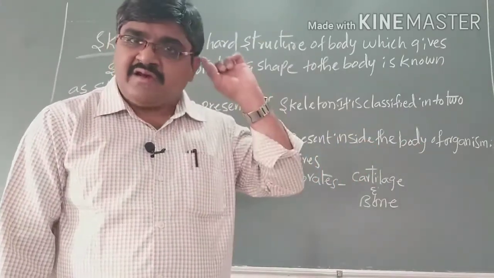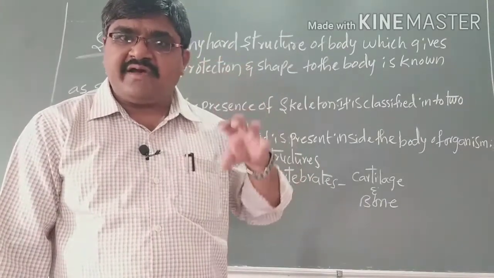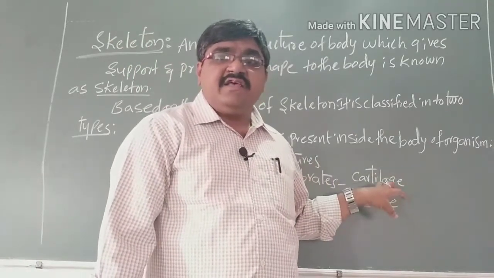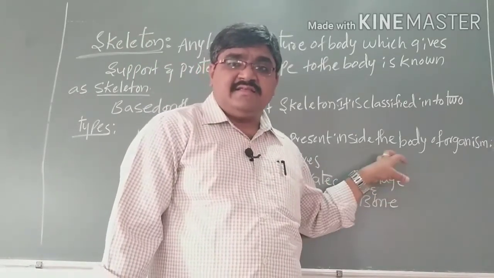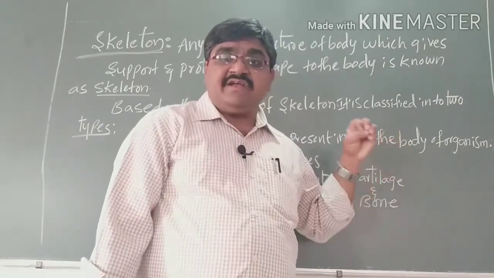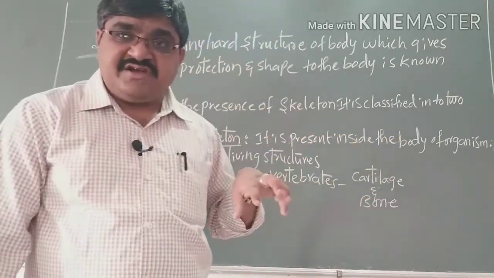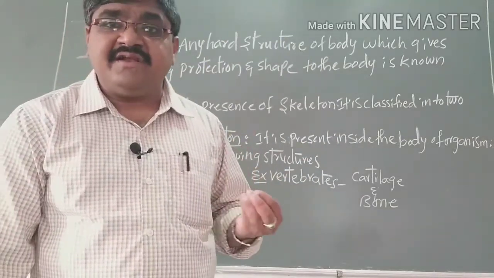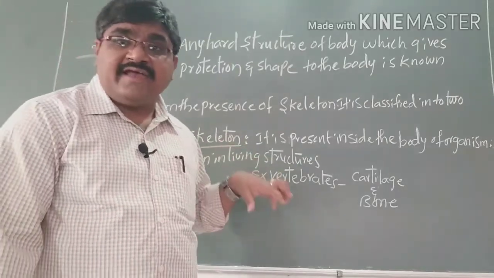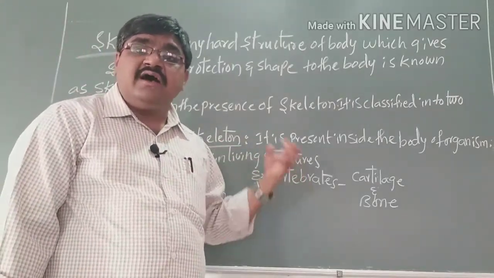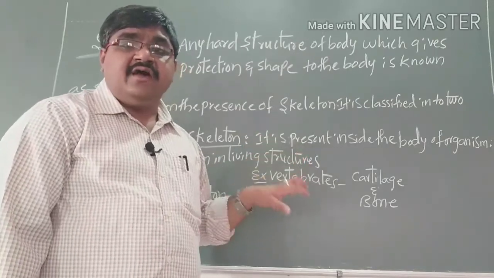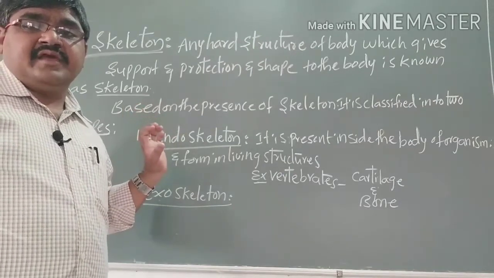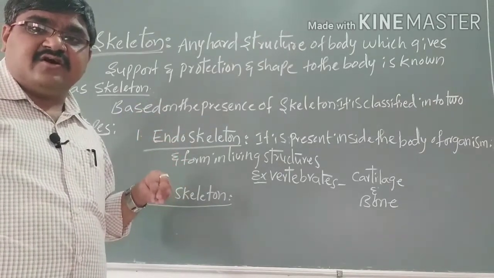For example, ear lobes are made up of cartilage. Bones and cartilages give a definite shape, protection, and support for the organism. They are present inside the body of an organism, and only in living forms, so we call them an endoskeleton. Endo means inside, skeleton means hard structure.